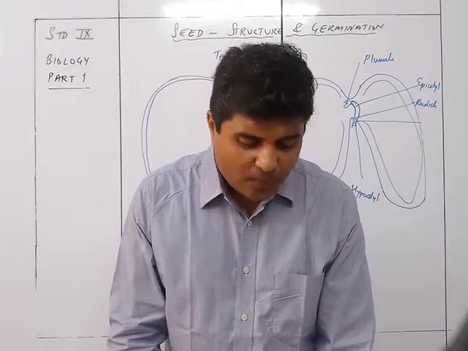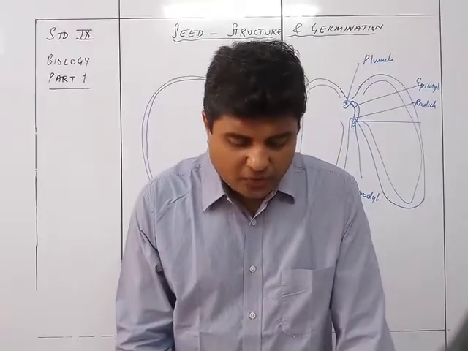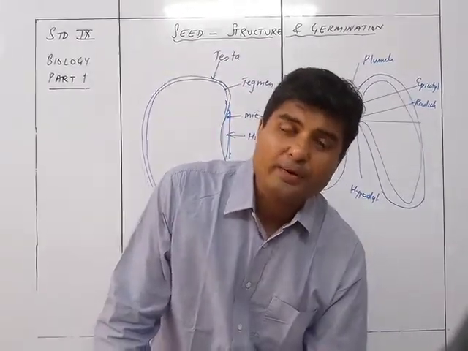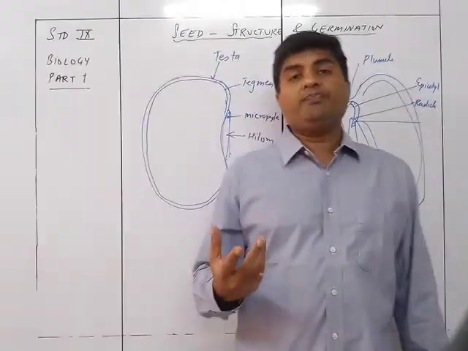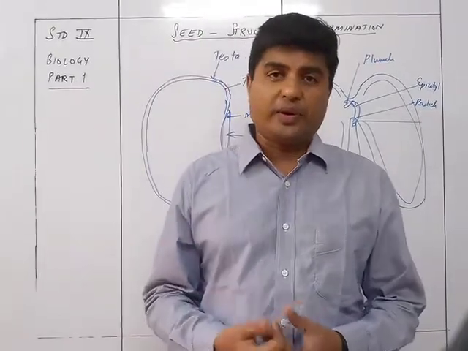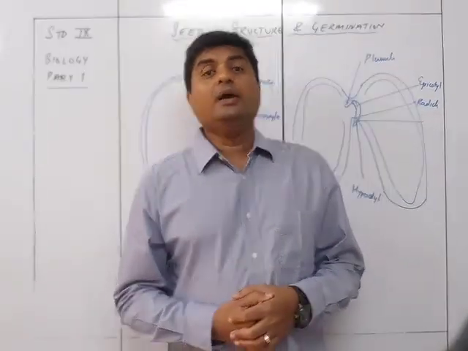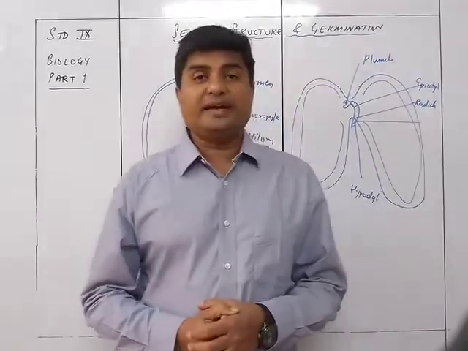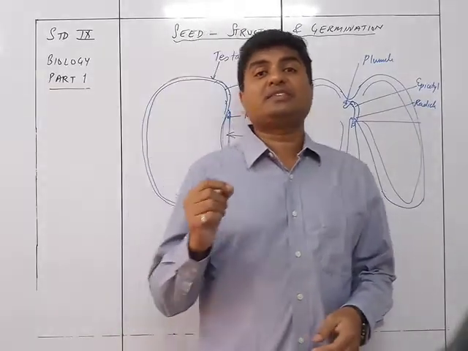The second function is that it provides for the diffusion of respiratory gases for the growing embryo. Once the seed gets favorable conditions, the embryo inside the seed is going to start its respiration.